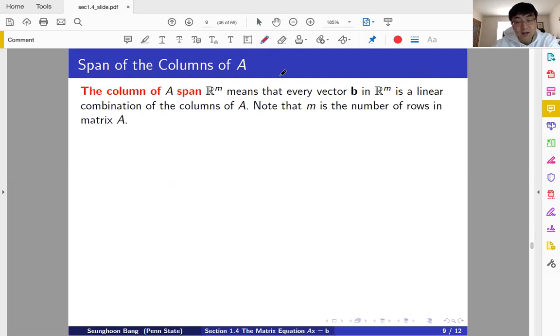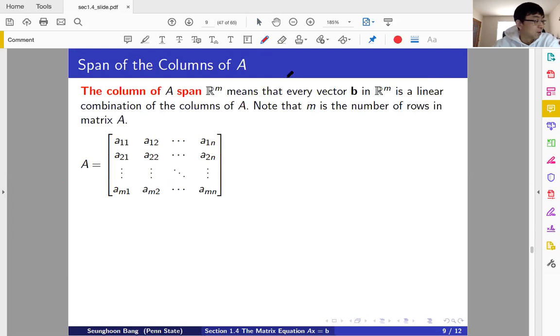Note that m is the number of rows in matrix A. What is the exact meaning? The first column we can write as vector A1, the second as vector A2, and so on up to vector An.